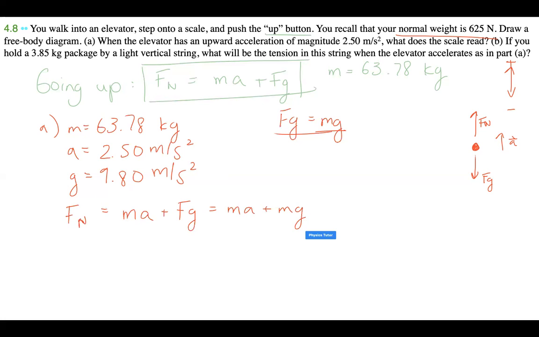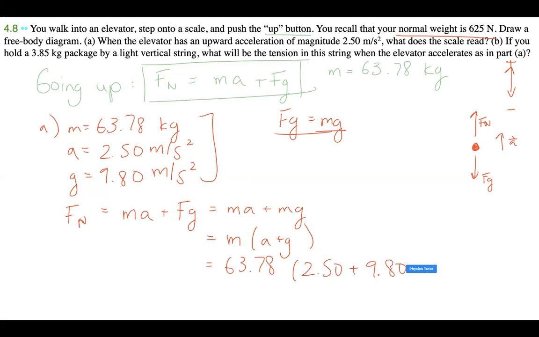That's our equation: Fn is equal to ma plus mg. We have everything right over here in our givens, so all we really have to do is plug it in. So I'm going to write this as m times (a plus g), and that's going to be 63.78 times (2.50 plus 9.80).